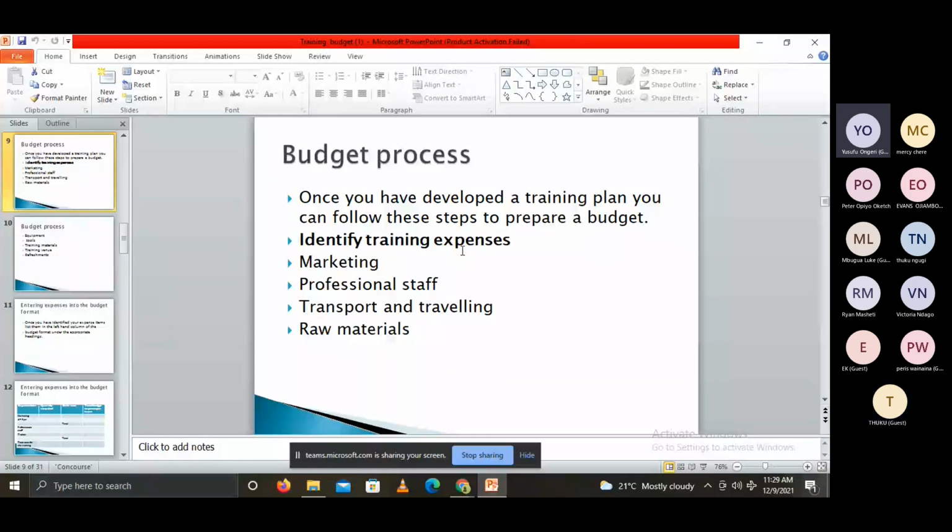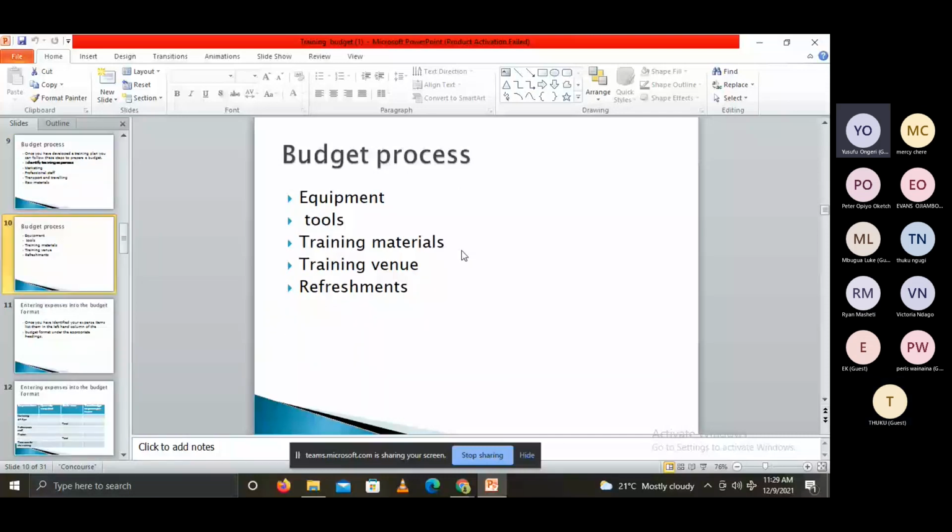There will be many other things required in terms of raw materials to ensure that training is successful, such as equipment and tools. Sometimes you use certain tools, for instance when organizing a program to train woodwork, so you need the tools used in woodwork or metalwork.